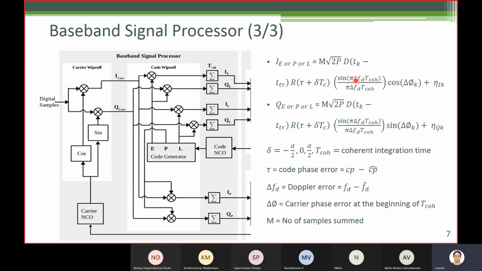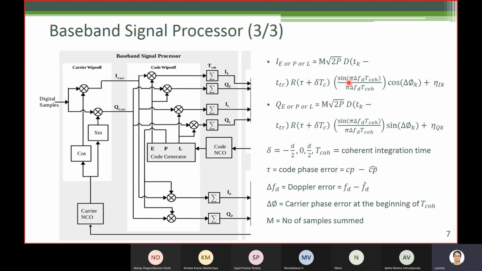The corresponding feedback control loop is called the carrier frequency tracking loop. Then delta phi will not be 0, but delta FD will be close to 0. So the code phase tracking loop runs, and either the carrier phase tracking loop or the carrier frequency tracking loop runs.